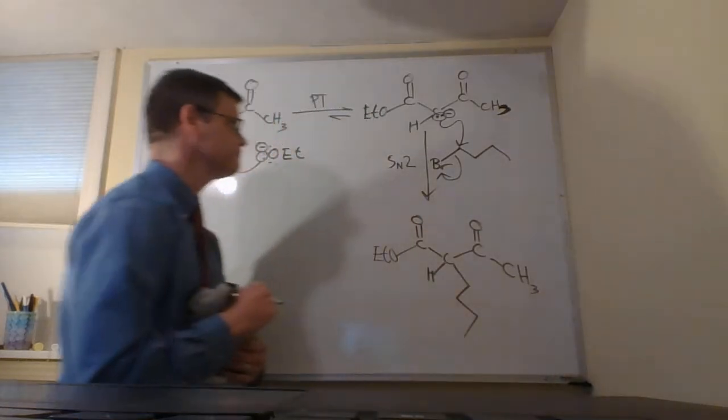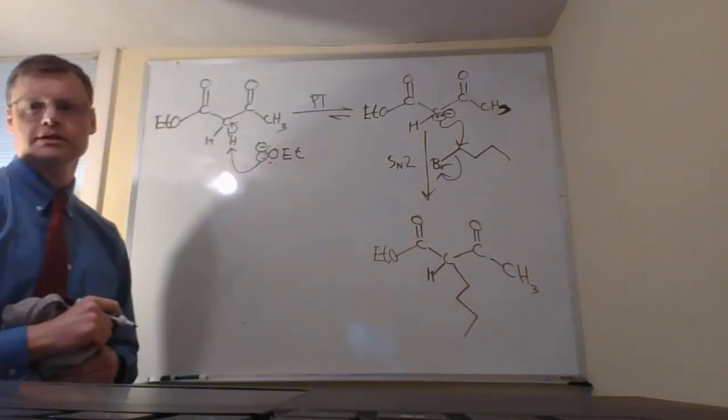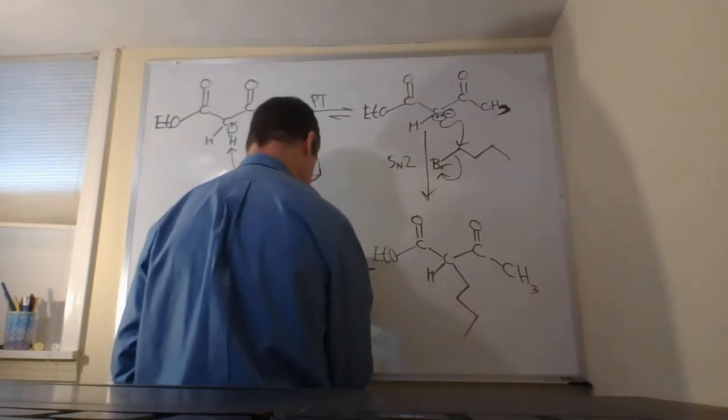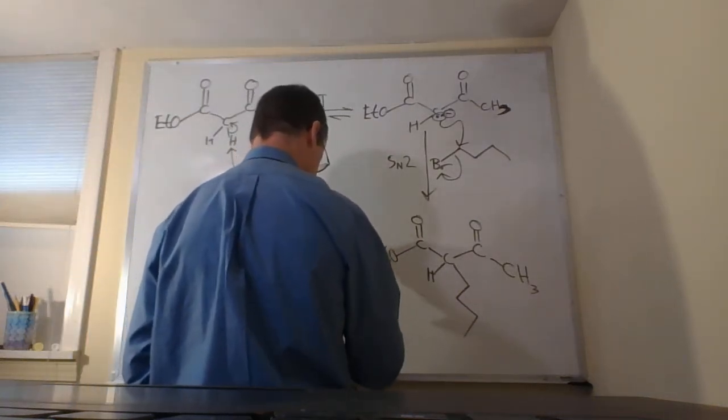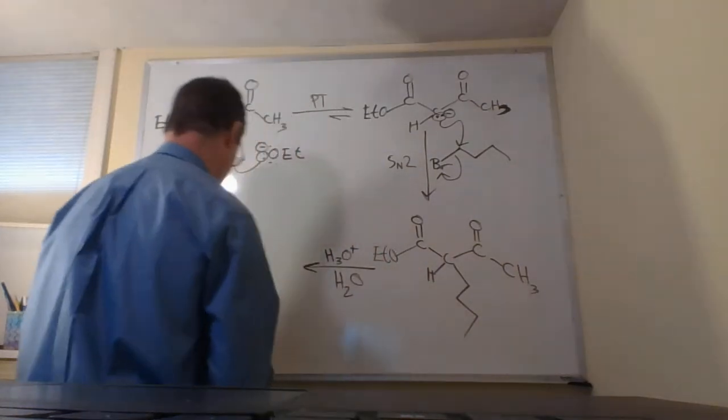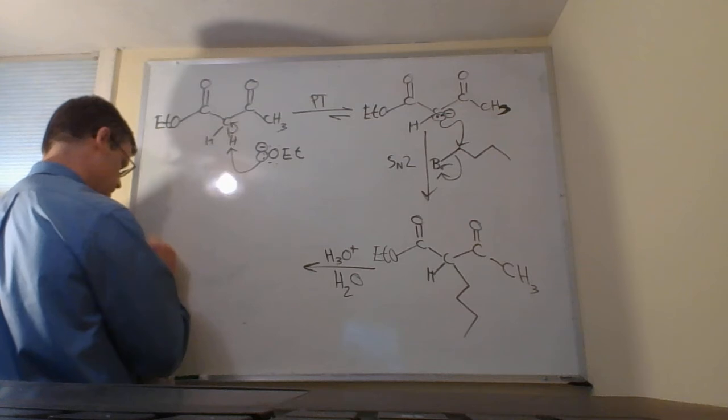Okay, great. And then we're going to do an acid catalyzed ester hydrolysis, H3O+, H2O. That turns our ethyl ester into a carboxylic acid.